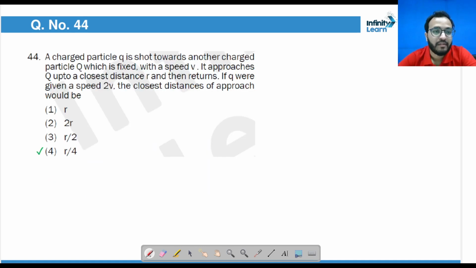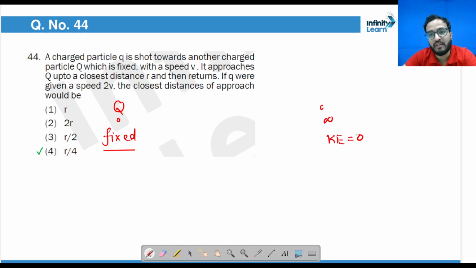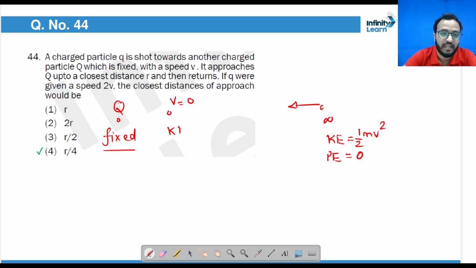44. See, a charged particle is shot towards a charge, this is capital Q which is fixed. Suppose it is shot from infinity with a kinetic energy of half mv square, so it reaches this point where its velocity and kinetic energy become 0 but potential energy becomes kQq by r.